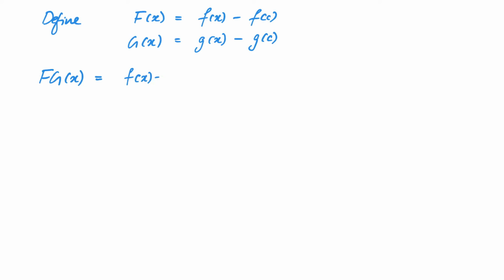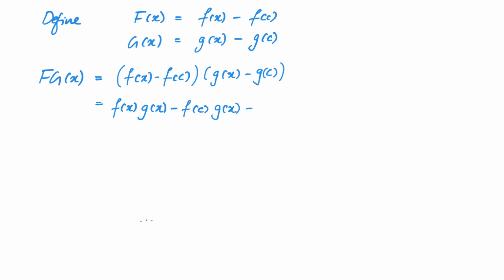And notice that FG(x) is equal to (f(x) - f(c)) times (g(x) - g(c)), which is equal to f(x)g(x) - f(c)g(x) - g(c)f(x) + f(c)g(c). Now notice that f(c)g(c) is a constant function, therefore that is differentiable.